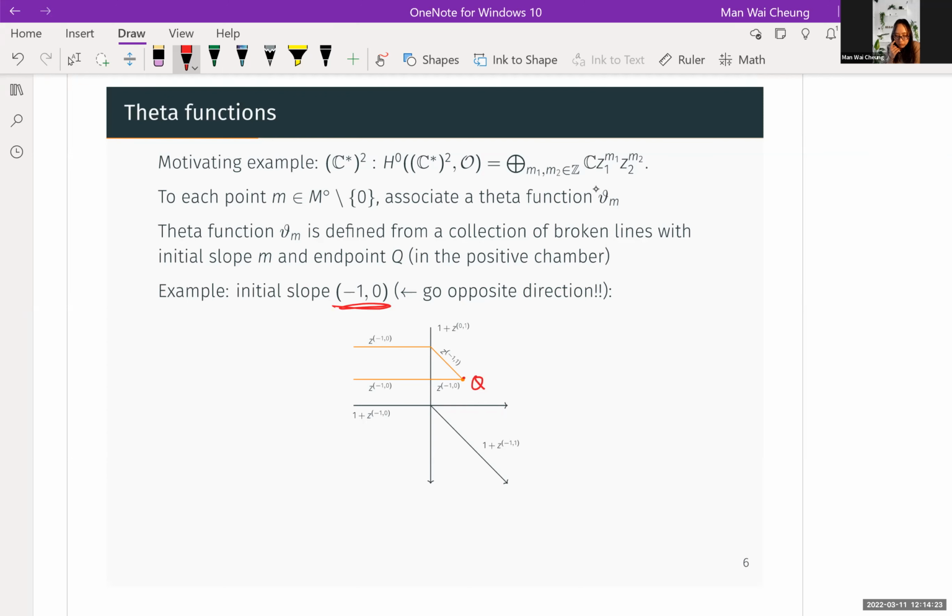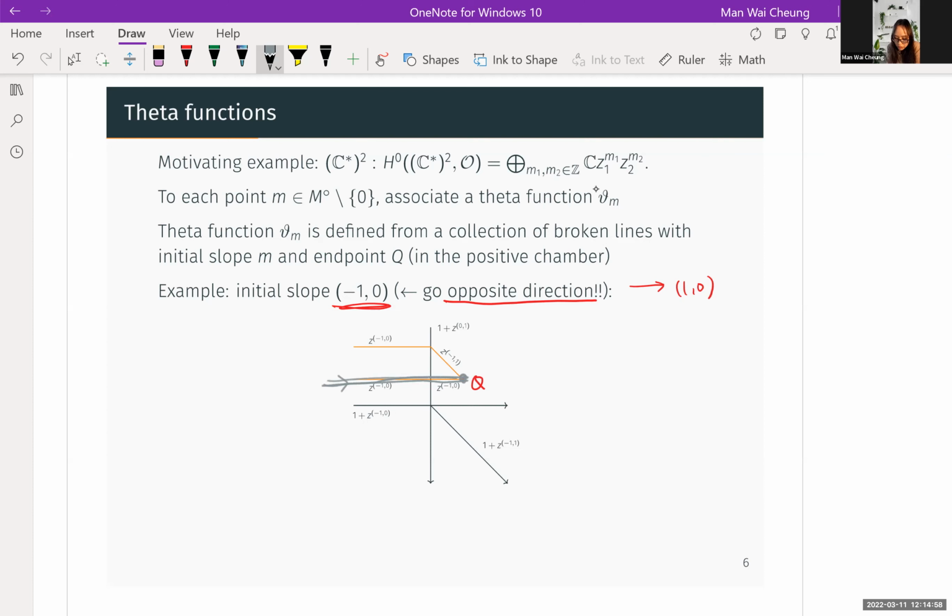We'll have a line with this initial slope, but the direction of the line, as the remark here says, goes in the opposite direction. So given the initial slope -1, 0, we are actually going in the 1, 0 direction. So the very first broken line is a broken line that doesn't bend. It is this example here, a straight line with this slope going to this endpoint Q.